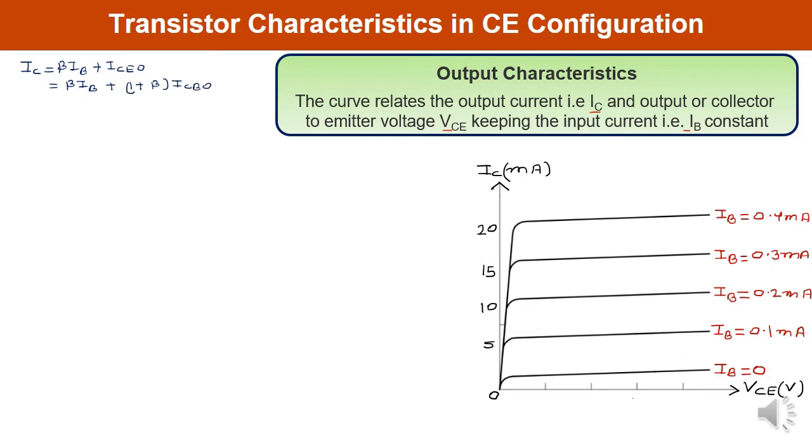ICBO is leakage current and this equation is independent of VCE. If you observe equation number 1, this is independent of VCE. So you can see IB and IC are related, but there is no relation on VCE.